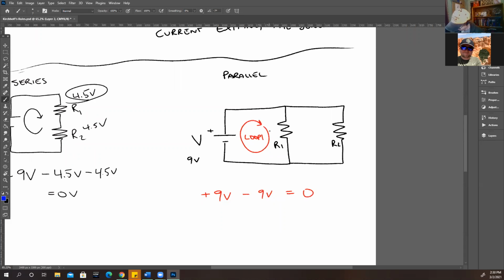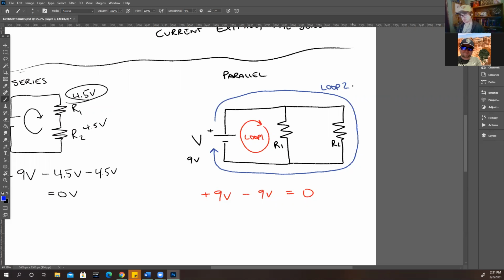So if loop 1 is this small little area, what I suggested for loop 2 last week was going around the outside and making a big loop. So starting at the battery, going out and then around, and then going through resistor 2, and then coming all the way back around like this. And I'll call that loop 2.